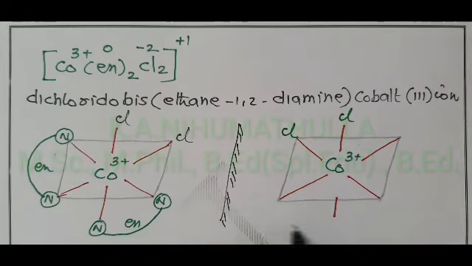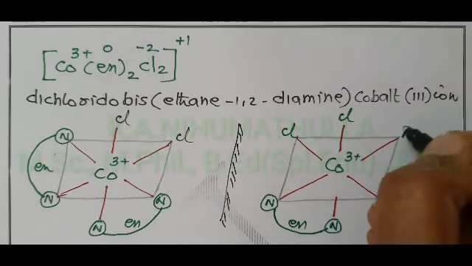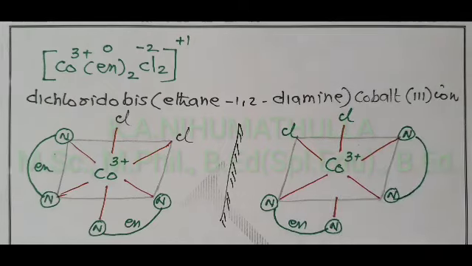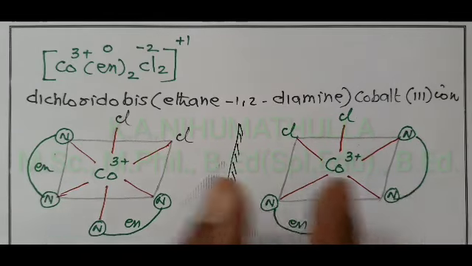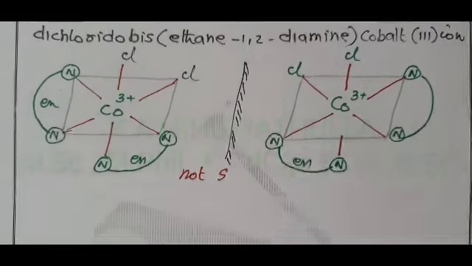In the ethylene diamine, NH2, CH2, CH2, NH2, this is one ethylene diamine, this is another ethylene diamine. This is the cis isomer. When you place the mirror image on the compound, they are not superimposable.